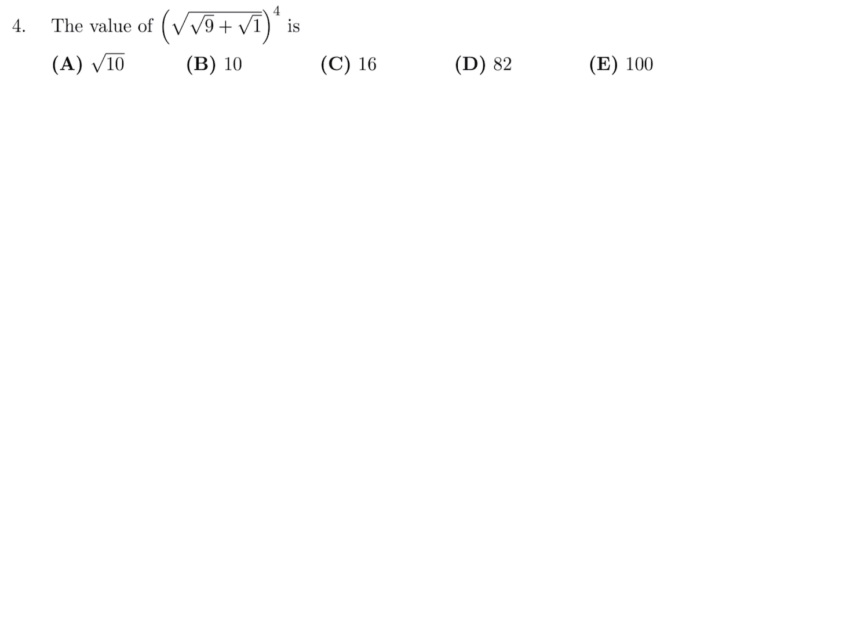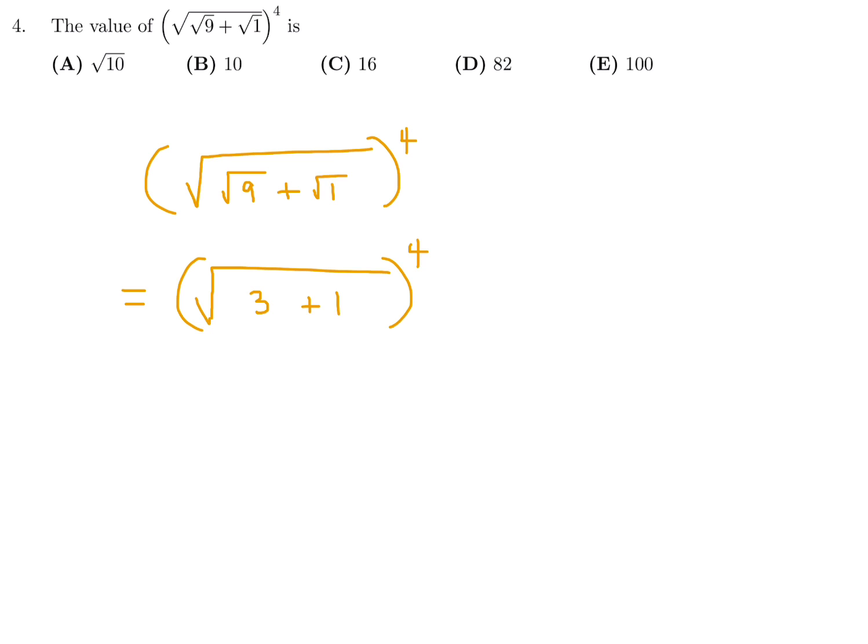The value of this expression is, written carefully, don't make any mistakes, just copying the question. So what do we have here? Well, under the square root sign, we've got the square root of 9, which is 3. And we've got the square root of 1, which is 1. And then that's all to the power of 4. 3 plus 1 is 4.